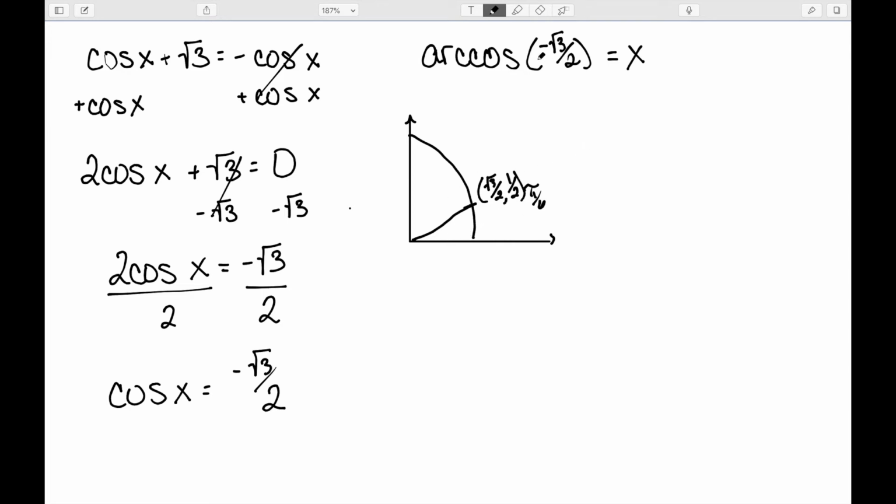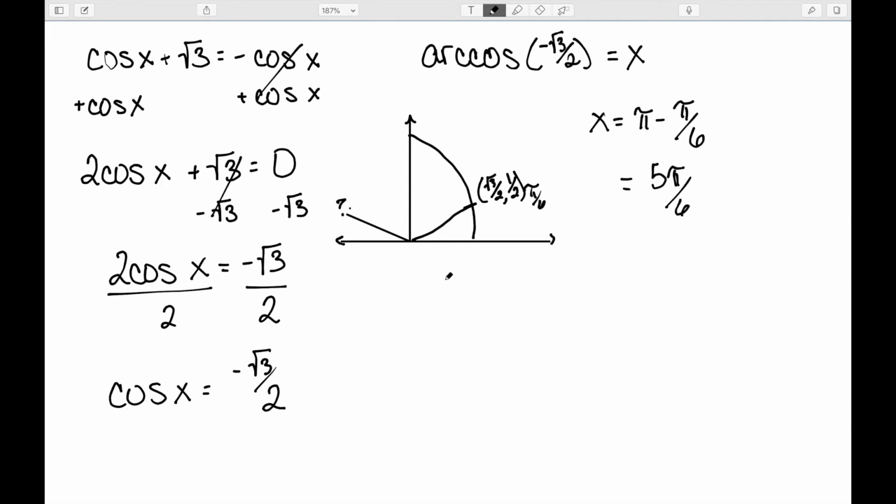But I want negative root 3 over 2. So what I need to do is go up and over to this point over here. So what I've done is I went all the way around to my full pi and then back up pi over 6. So x would be equal to pi minus pi over 6, or 5 pi over 6.